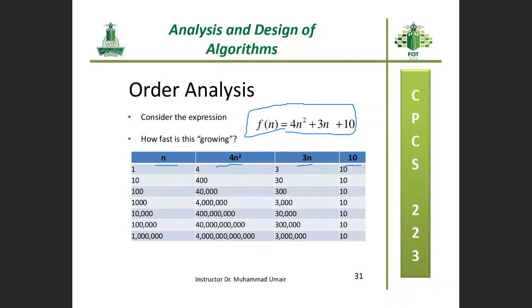So here you can see if you start with n equal to 1, 4n square will be 4, 3n is equal to 3, 10 is 10. But as soon as you keep on increasing the number of inputs, the major contribution comes from 4n square, and all other values are almost negligible as compared to this big value. That's why we pick the highest order term and we ignore the coefficient constant. Is that clear?